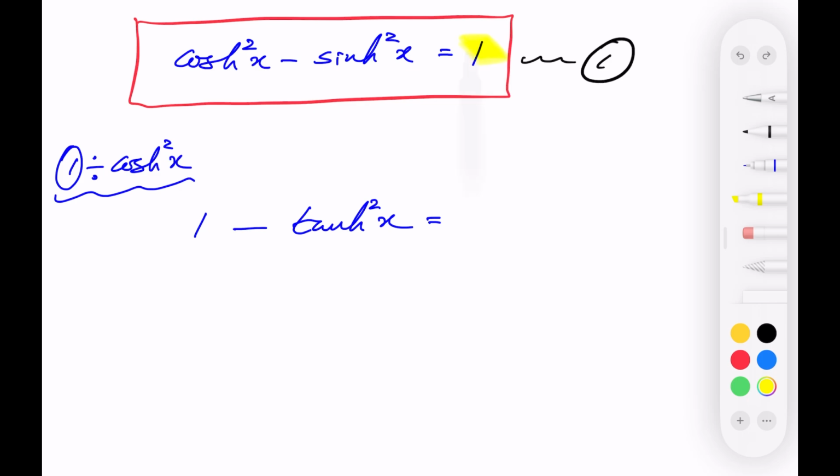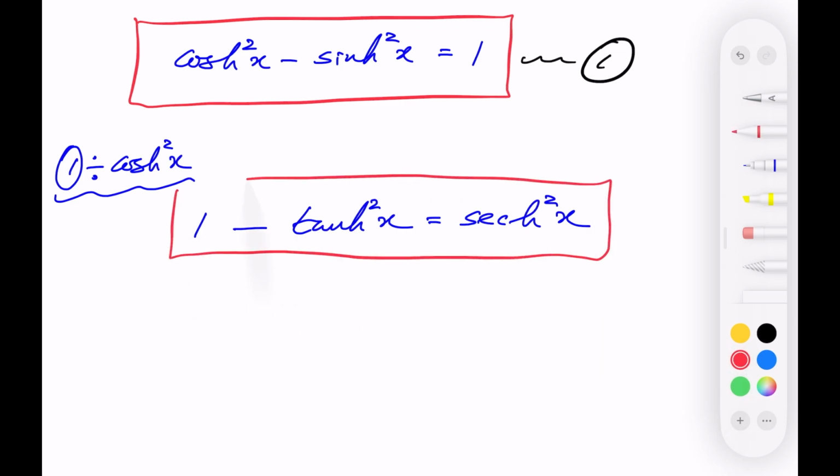On the right hand side, I need to divide 1 by hyperbolic cosine squared x. When I do that, it will become a hyperbolic secant squared x, sech squared x. This is the second of the 3 Pythagorean identities for hyperbolic functions. Let me label that as equation number 2.